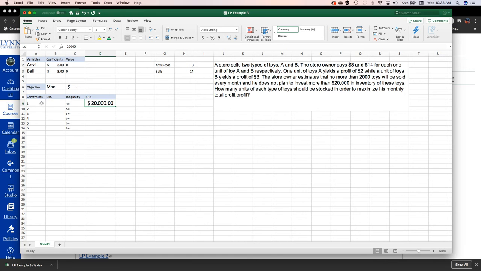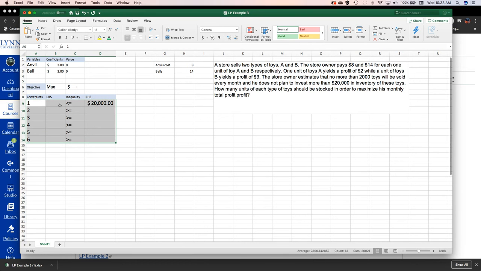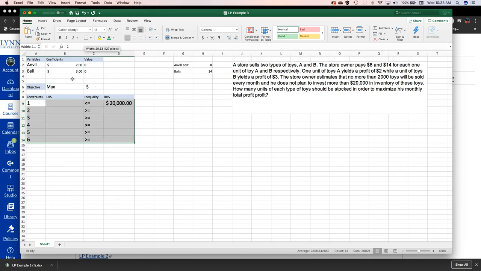Okay, let me just make all of those larger so you can see them. For my left-hand side, I'm going to take the cost and multiply it by the anvil, or the value for each one of them. Now, to make my life a little bit easier, I'm going to call this anvil, and I'm going to call this ball.